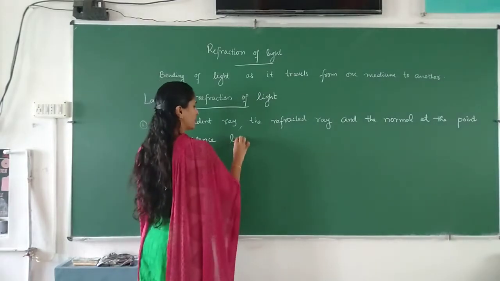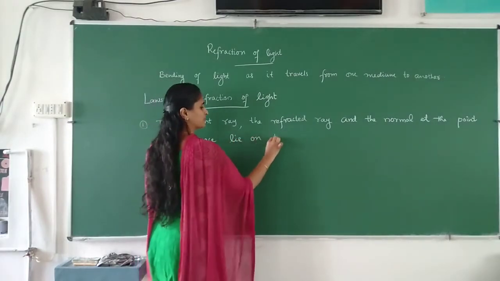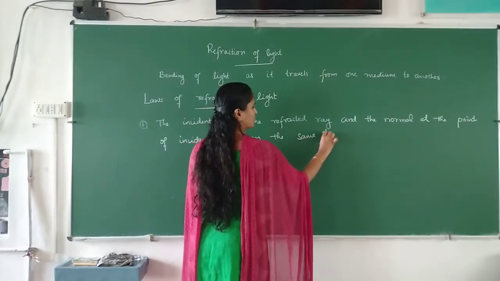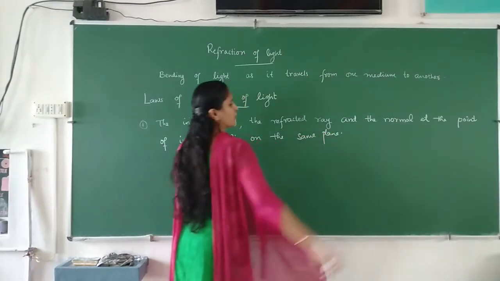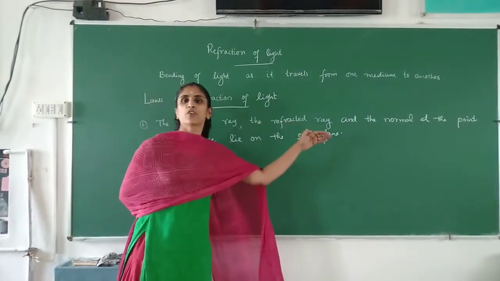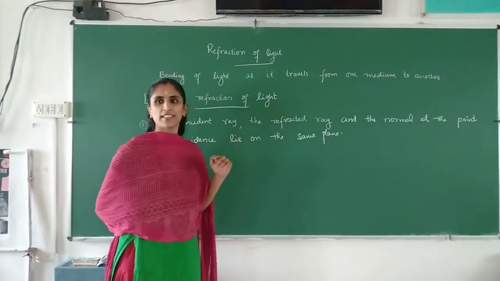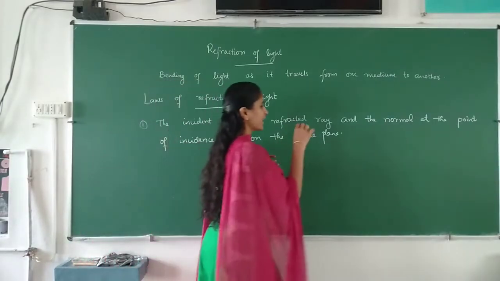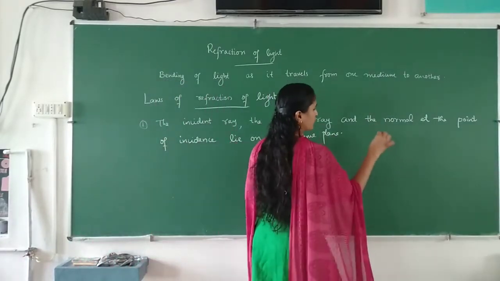lie on the same plane. The first one says that the incident ray, refracted ray and normal at the point of incidence lie on the same plane. So what is meant by incident, refracted and normal? That we should know.